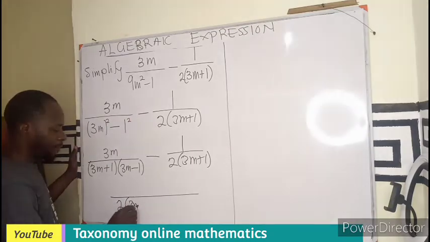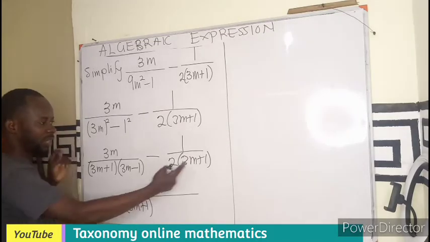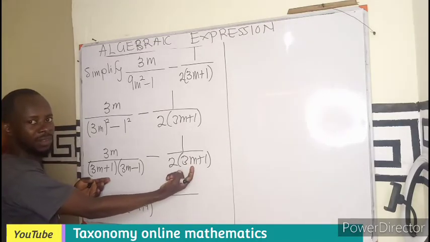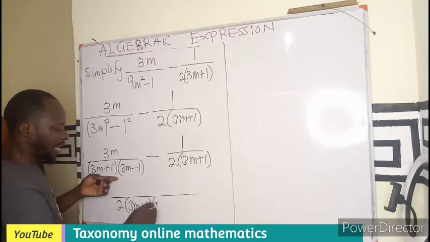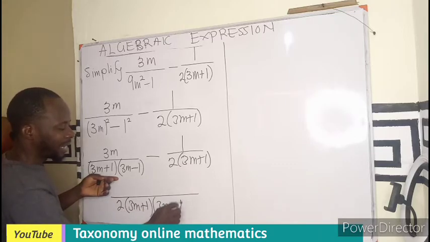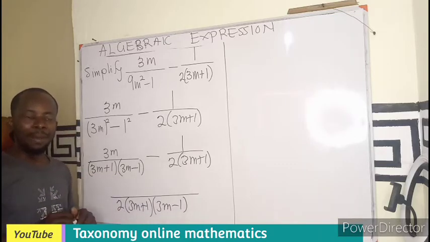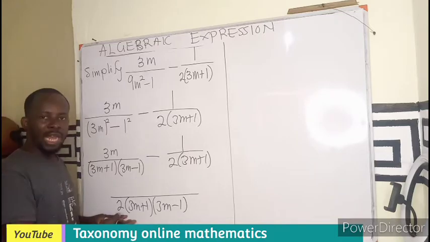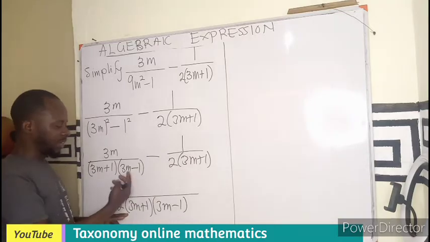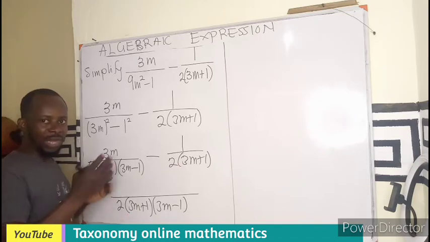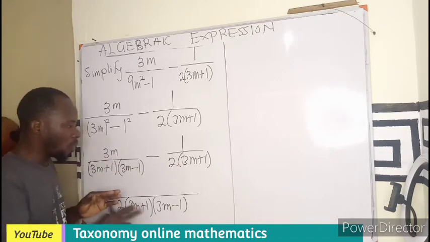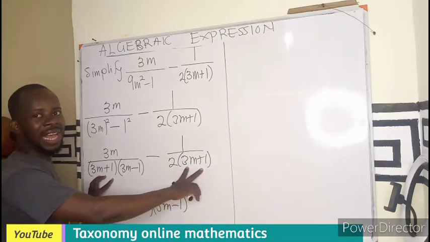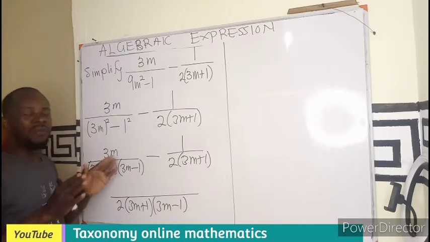So 3m plus 1, which is the combination of this, taking only 1, then 3m minus 1. So your LCM is just going to be the product of this. Even though you can see 3 brackets, in the actual sense we have to combine them, but we can't do so because these brackets are the same. They have a common factor.